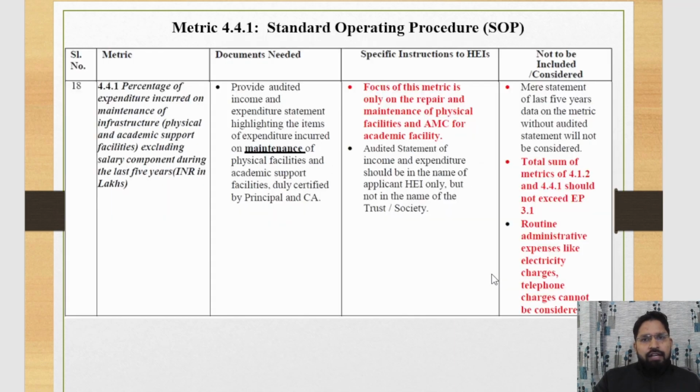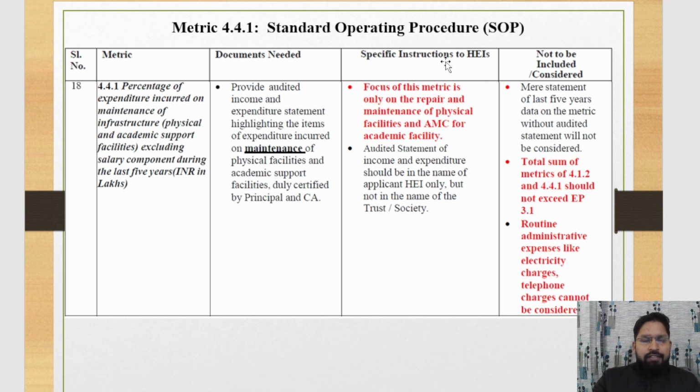Now we discuss the SOP of this 4.4.1. This matrix is dedicated to maintenance. You should provide an audit report of maintenance, and in the audit report the maintenance expenditure is highlighted, showing where your organization spent on maintenance of infrastructure, and it is duly signed by the CA and the principal of the institution.